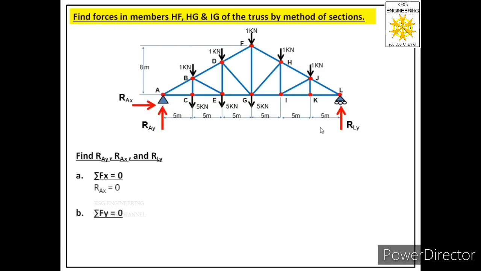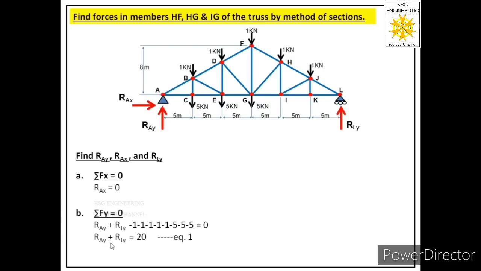Two forces RAY and RLY are acting in upward direction, so we have to consider these two positive, while the other 8 forces are acting in downward direction, so we have to consider these negative. So the equation will be RAY plus RLY minus 1 minus 1 minus 1 minus 1 minus 1 minus 5 minus 5 minus 5 equal to 0. From here we will get one equation, RAY plus RLY equal to 20.